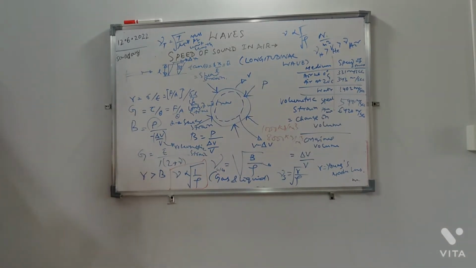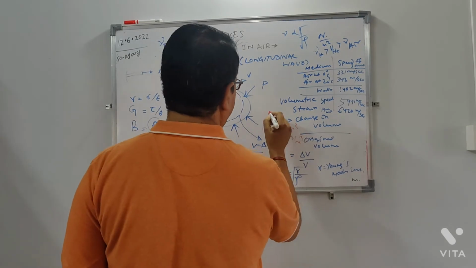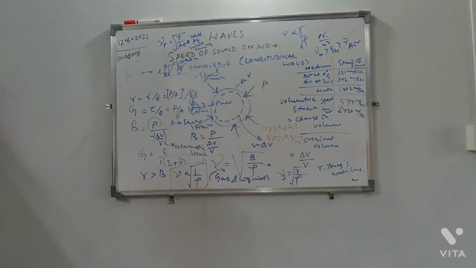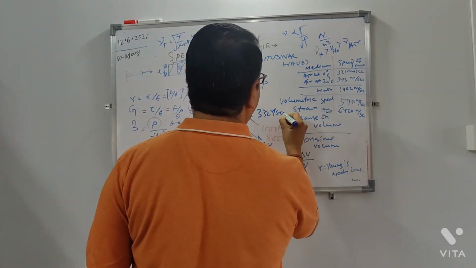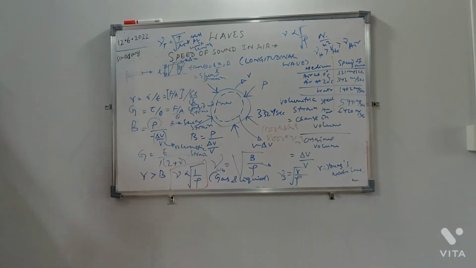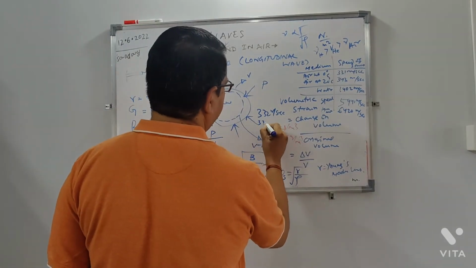The velocity of sound is 332 meter per second. If you convert it into kilometer per hour, you just have to multiply it by 18 by 5.